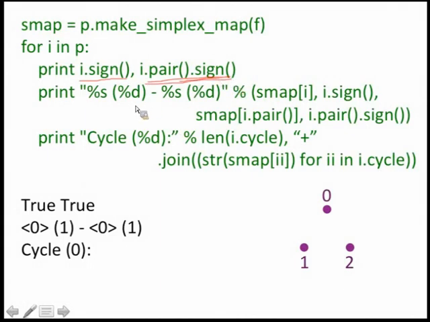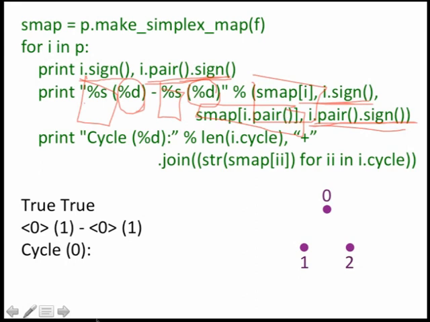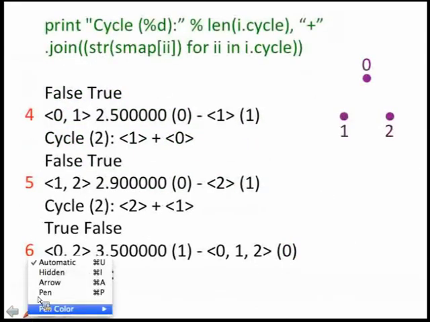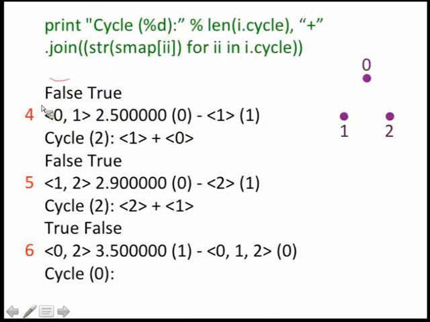So we print also here and here the sign and the sign of the pair, but in this case it's 1 and 0 for positive versus negative. Here it's true and false versus positive or negative. We also printed the simplex. So this right here is the simplex and its pair. And so that's what we're doing in these first things, is printing those two.